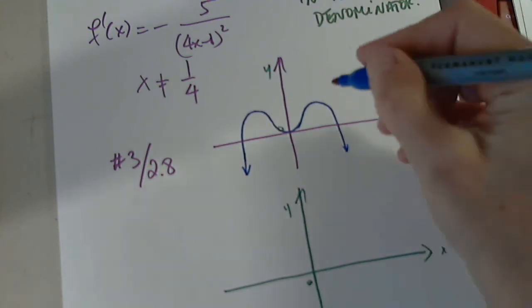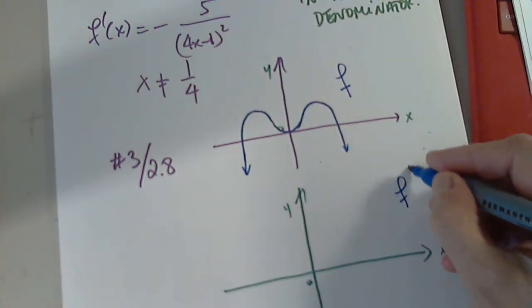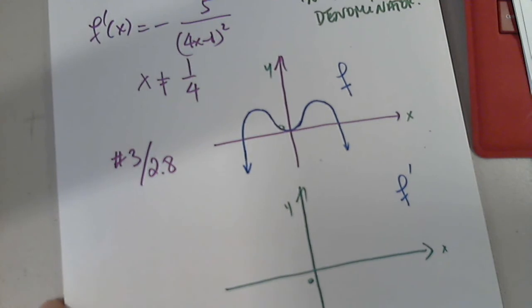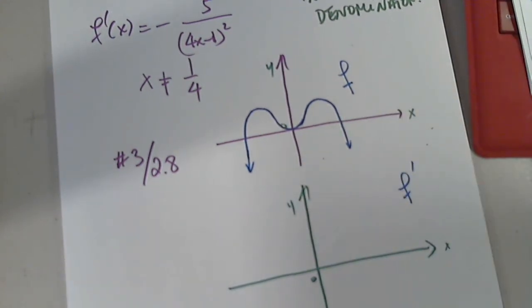So this is function f, and we want to come up with a best approximation of f prime. It will be a rough estimate of the graph of f prime, of course. So I will analyze the graph of the function a little bit and create tangents, as many as I would like to.